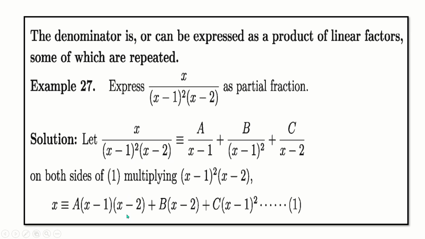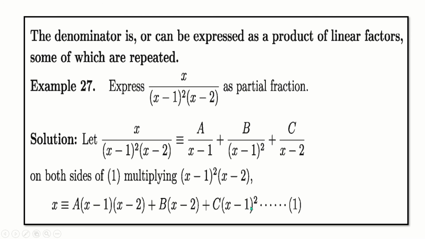That means here 2a, here I have a constant, here also minus 2b, so plus 2a minus 2b, here I have a constant, plus c, because this equal to x square minus 2x plus 1.